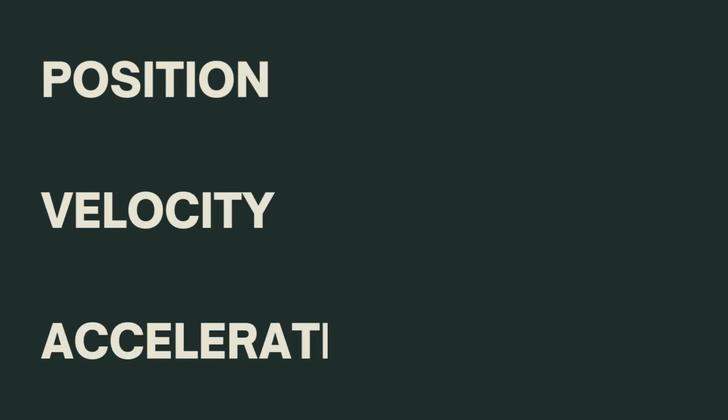Now, what we're trying to do is use the position function to find the derived functions. In general, position, velocity, and acceleration are related as derivatives of each other from the previous unit: velocity is the derivative of position, and acceleration is the derivative of velocity.